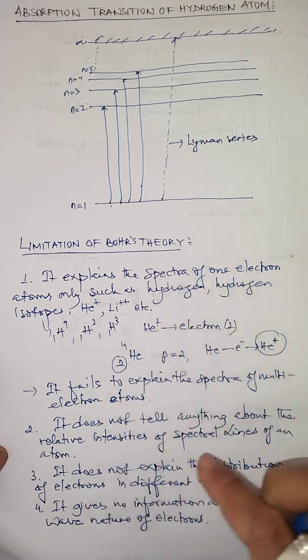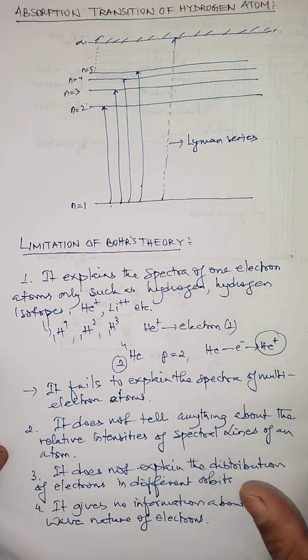So these are the four important drawbacks or limitations of Bohr's theory.